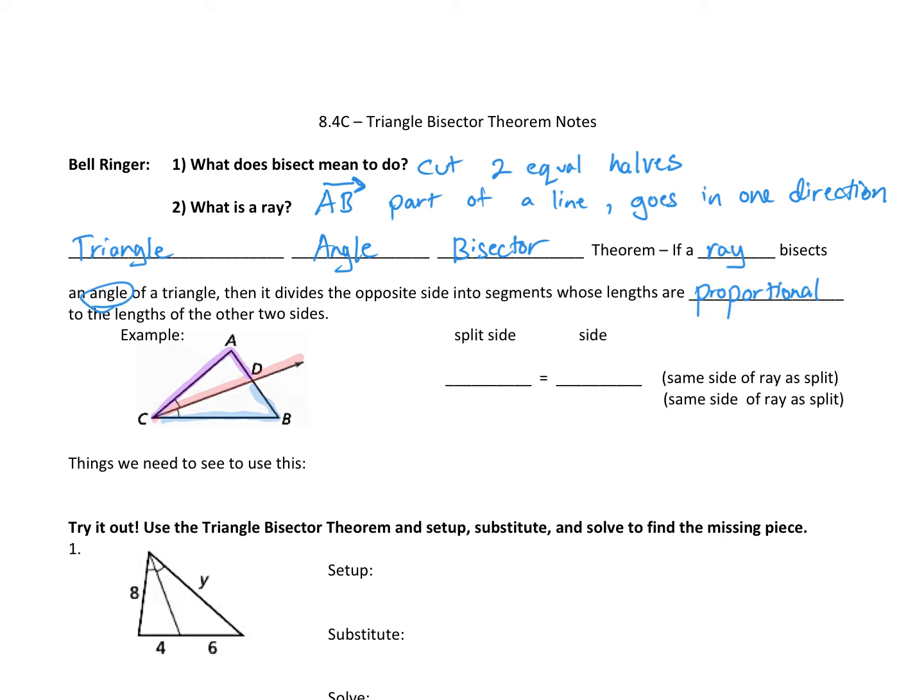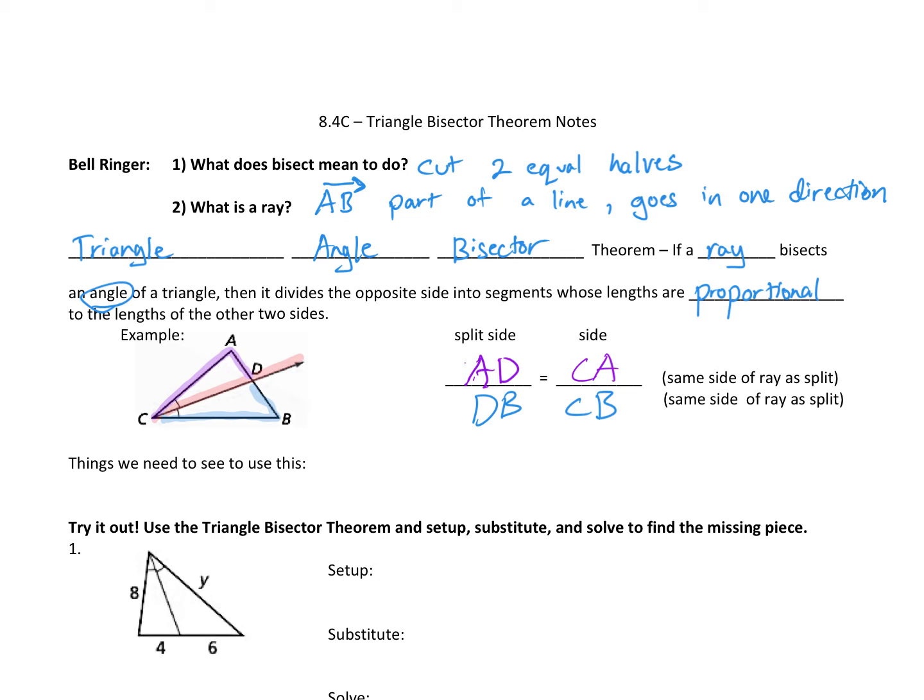We can say that our proportion AD over DB is proportional to CA over CB. So notice that AD is the segment on the flat side of the triangle, and CA is one of the legs of the triangle.